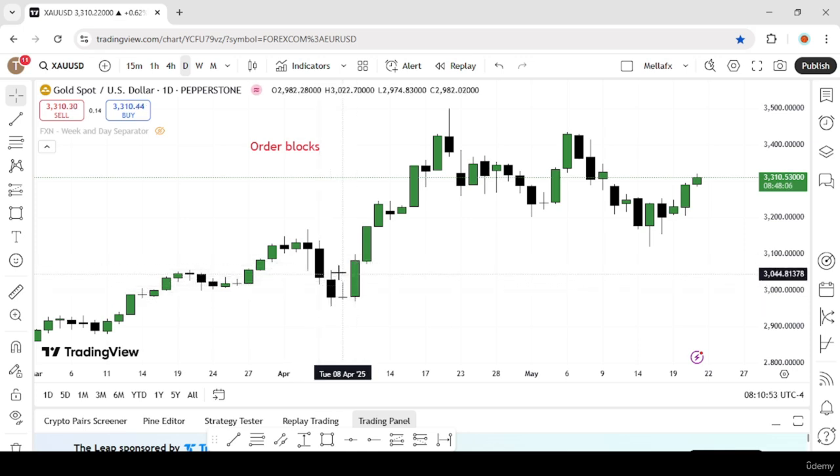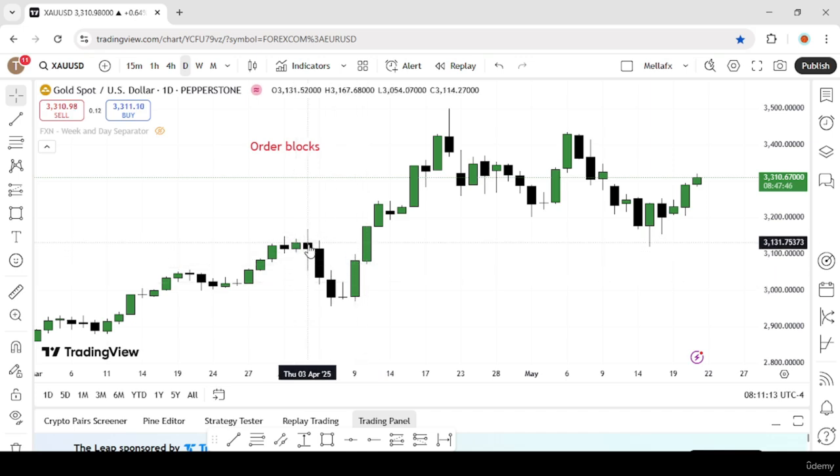So let me say that if we enter down into the lower time frame here, we might see that we have breaks in market structure occurring in the lower time frame, showing that the market has reversed its change of delivery from bearish to bullish.